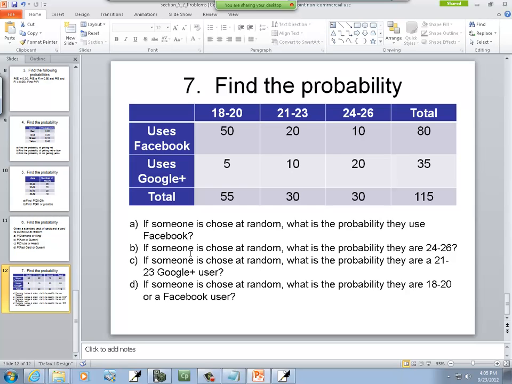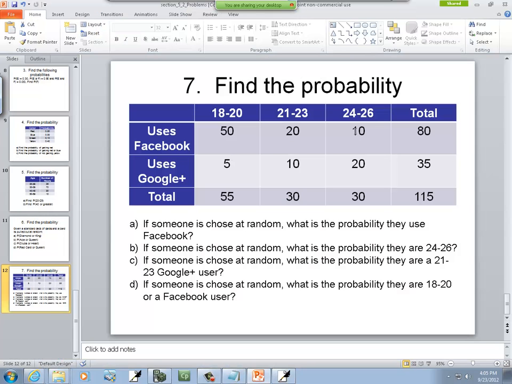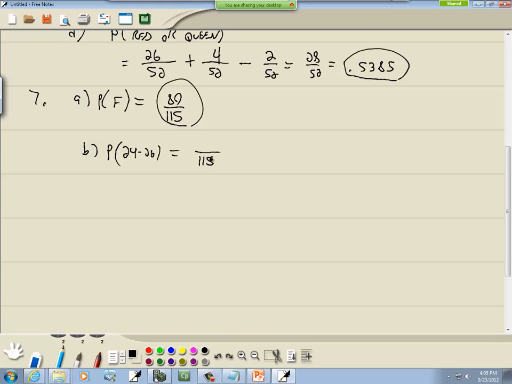Now B: if someone is chosen at random, what is the probability they are 24 to 26? There are still 115 people total. For the 24 to 26 column, there was a total of 30. So we'd have 30 over 115.